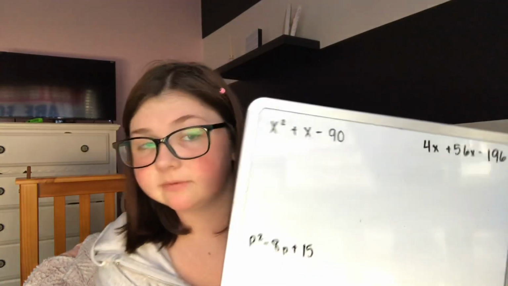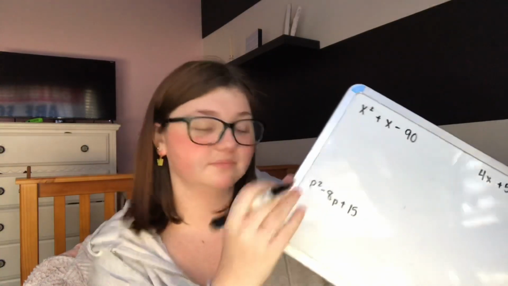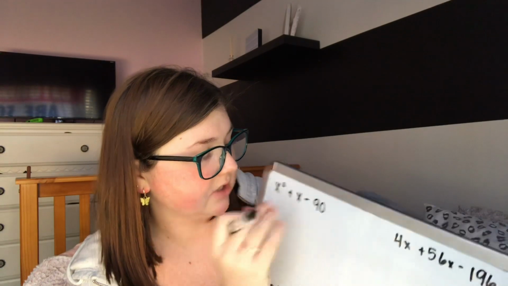Alright, so now we are moving on to baby factoring. And I wrote 3 problems on the board to help me with that. So for the first one, which is x squared plus x minus 90, how we start is we're going to find 2 numbers that multiply to give you 90 but add to give you 1x.